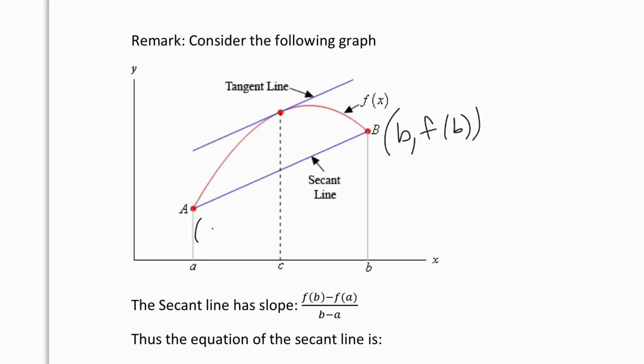And there's a point over here at a, f of a. Well, I can use my slope formula. We would do y2 minus y1 over x2 minus x1. So the secant line will have slope f of b minus f of a over b minus a, because it's y2, y1, x2, and x1. So that's going to be the slope of the secant line.